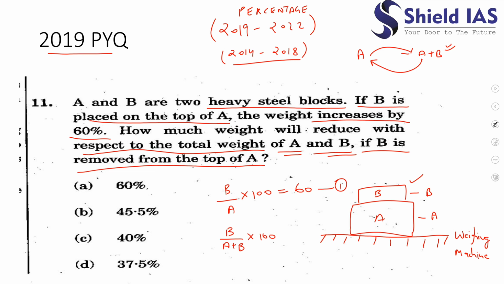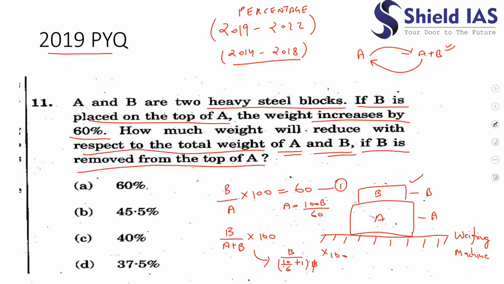So A would be 100B by 60. We'll put that in here. So B divided by (10 by 6 plus 1) times B, into 100.